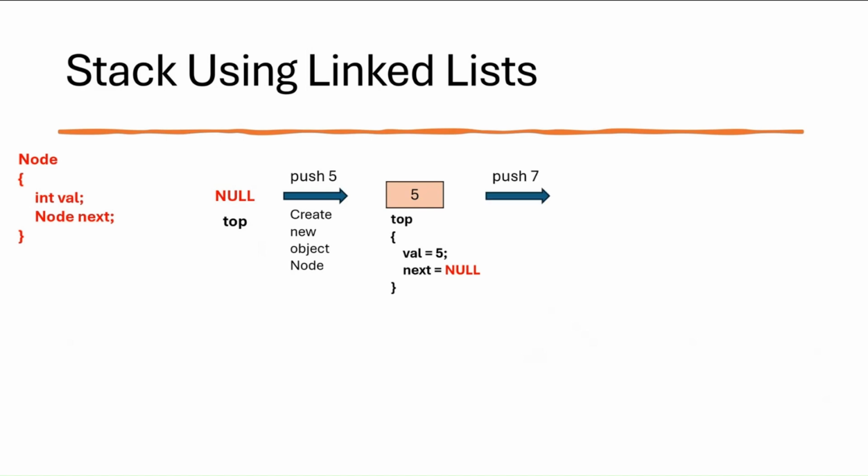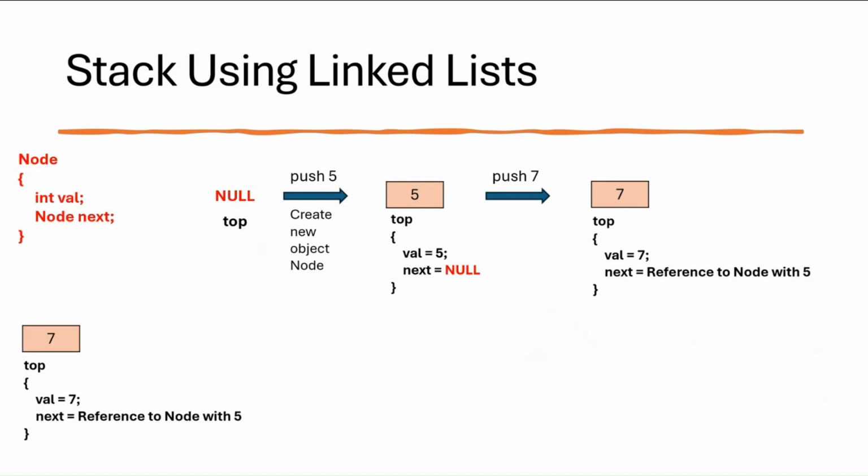Now when we push 7, the top becomes 7, and the next becomes the reference to the node 5, which is the previous element, right? The element below the top, right? And if we push, let's say 10, then the top refers to the memory of the 10 node object, the node object with the 10 value, and the next refers to the 7, the reference to the node with the 7 value, right?